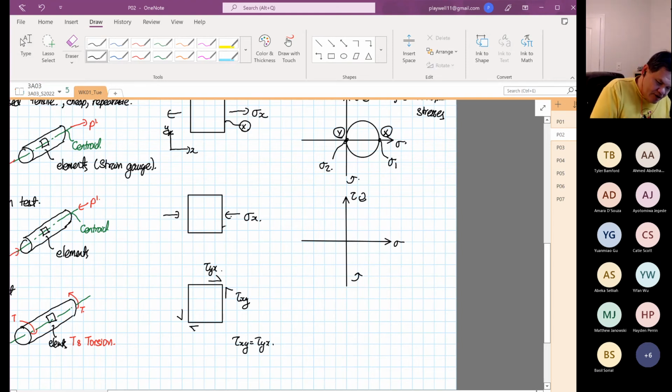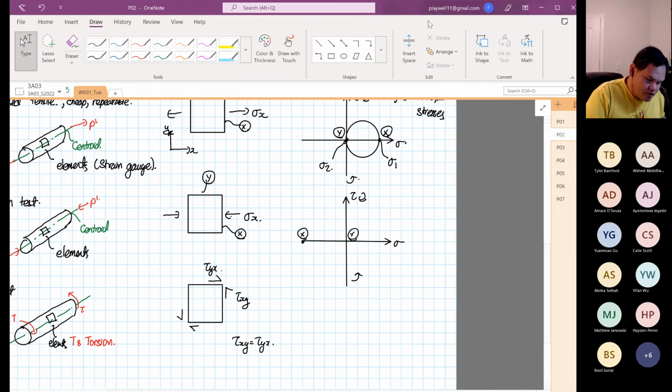So if I were to call this point X, and if I were to call this point Y, right? And we realize that now it's under compression. So this is your point X. Over here, this is point Y, and we have zero shear, and then this is your Mohr's circle now.